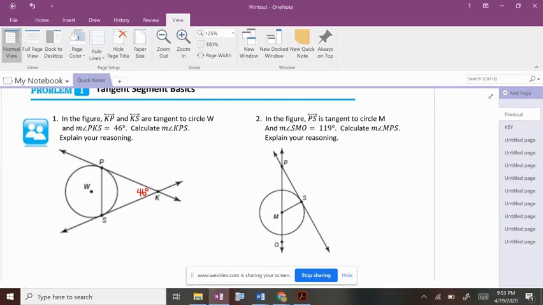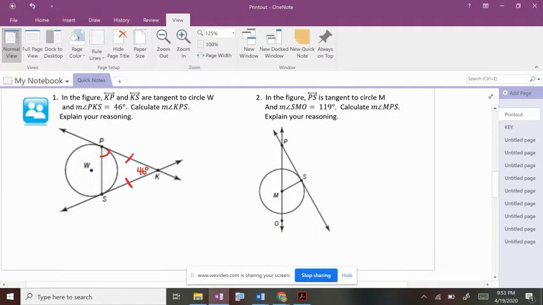So I'm looking for KPS. Well, it tells us that we have two tangent lines, so I know they're going to be equal. And if you look at the triangle that we have, triangle PKS, it's an isosceles triangle.